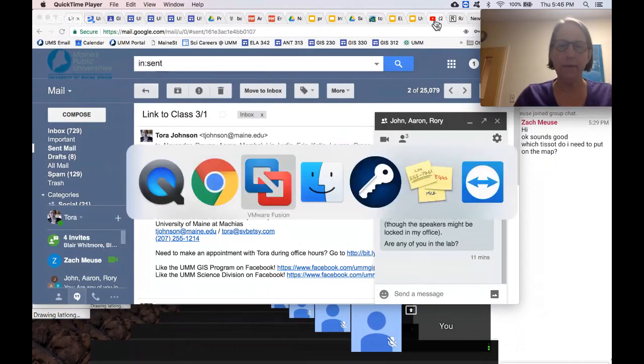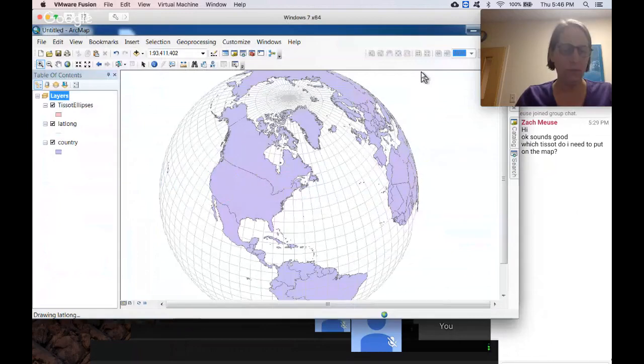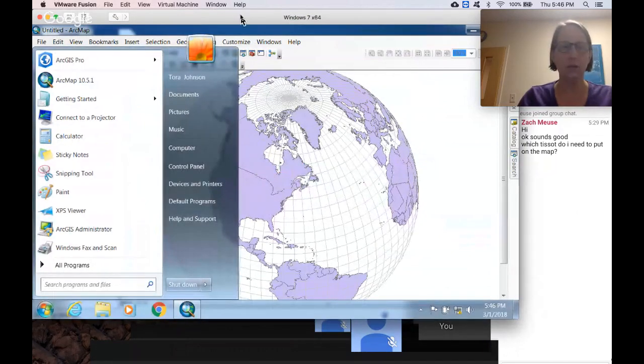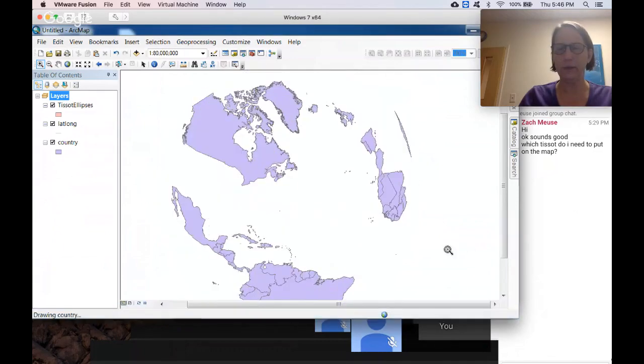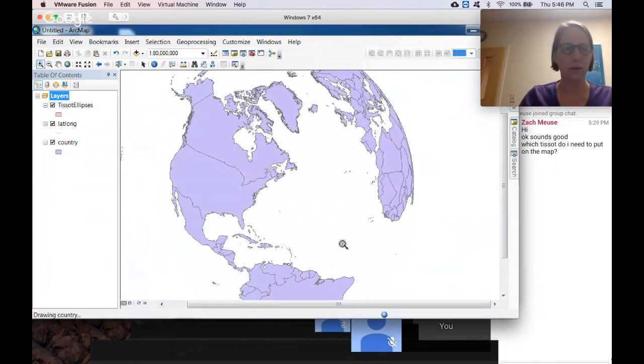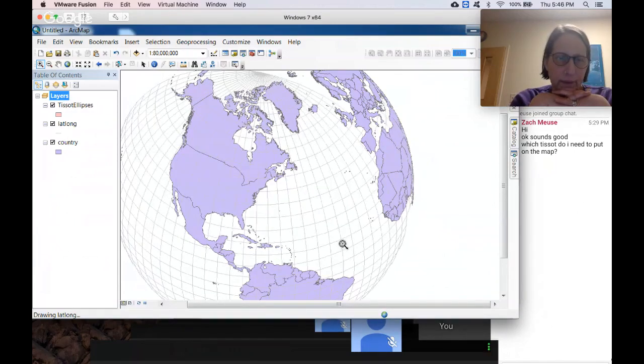that's fine. All right, so what we're going to do now, oh, my Tissot ellipses didn't draw. Oh, come on, I want my ellipses to draw. I have probably interrupted it.